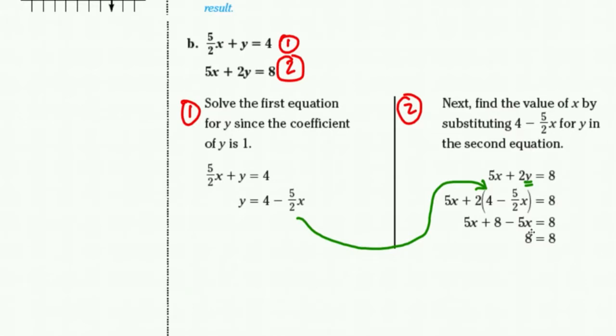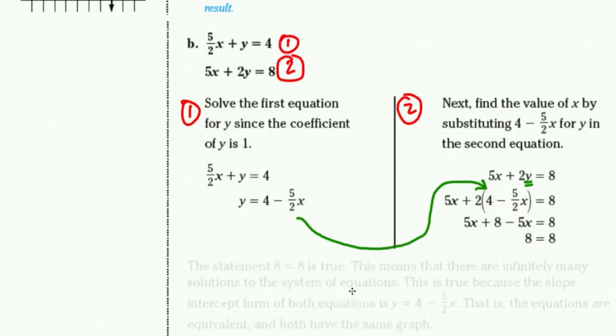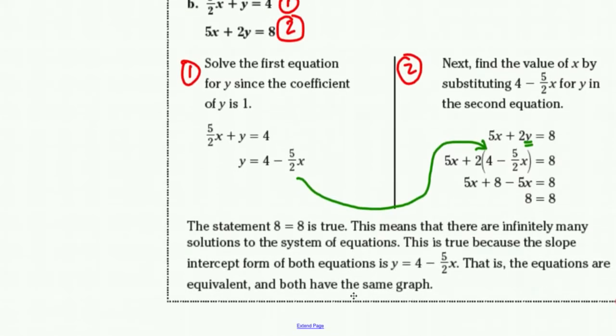What does this show us when you don't have any more variables? The statement 8 equals 8 is true. That means there are infinitely many solutions to the system of equations. This is true because the slope-intercept form of both equations is y equals 4 minus 5 halves x. If you remember what we talked about, these two lines are coincident.